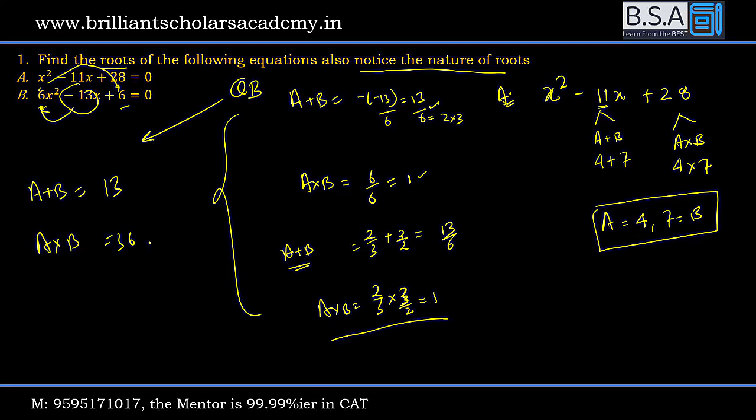Can I say 36 looks like 4 into 9 and 13 looks like 4 plus 9? But the actual roots are not 4 and 9. The actual roots: the first term will divide both, 4 by 6 and 9 by 6.